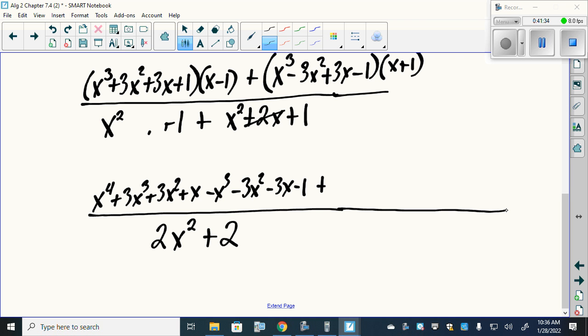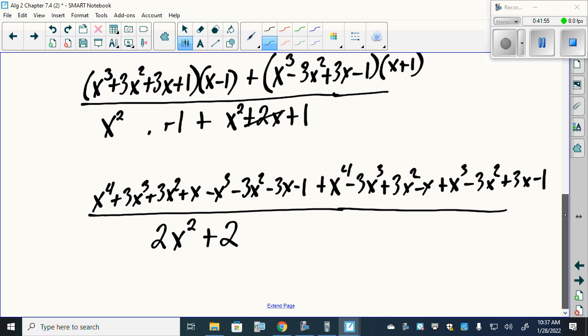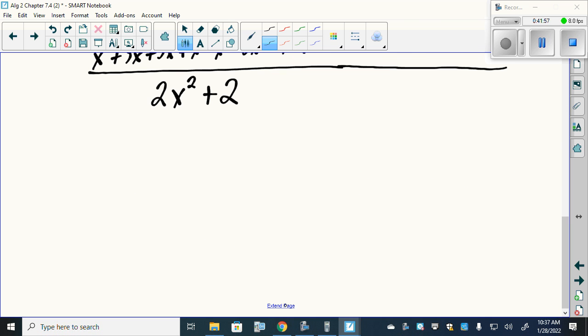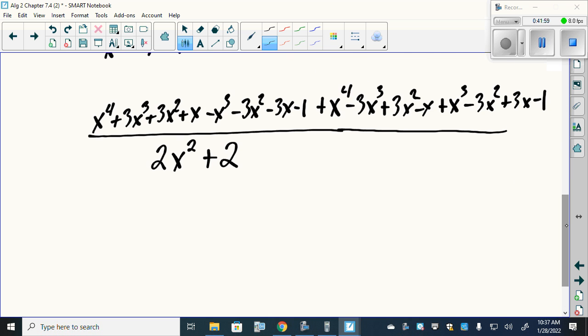Plus, for the other one, well, we'll get x to the fourth minus 3x cubed plus 3x squared minus x plus x cubed minus 3x squared plus 3x minus 1. I'm getting those and multiplying them together.